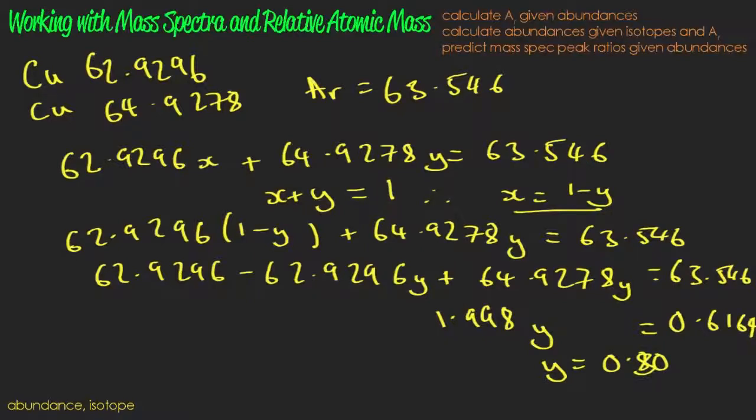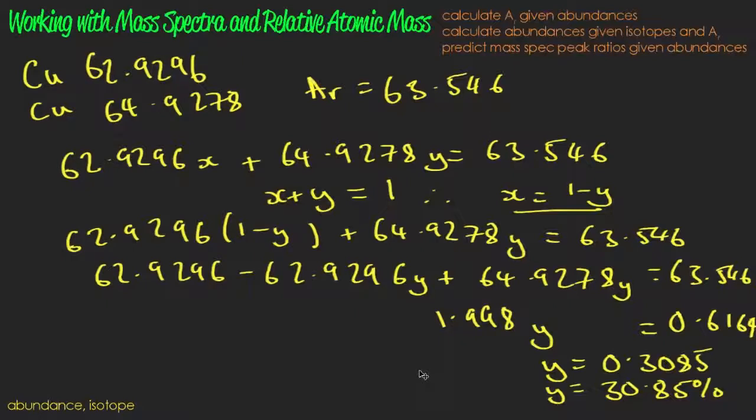So effectively we're saying y is 30.85%. And the y in this case is the copper 65.